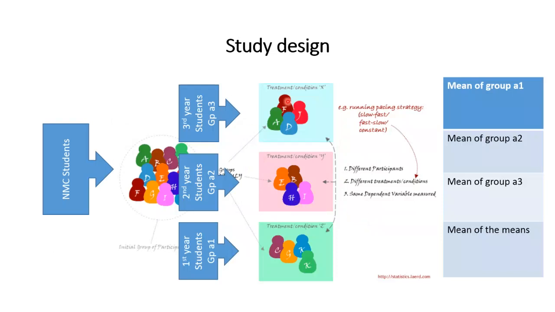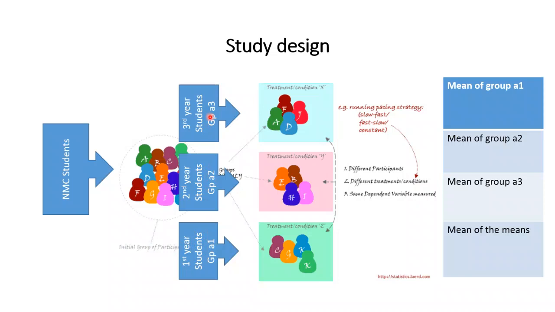Now, this is a study design. The students of NMC are selected for a study to be conducted in Nowshera Medical College. We divide these students into three different groups. Say this is group A. Now, group A1 means these are the students of first year, second year is group A2, and this is the third group.